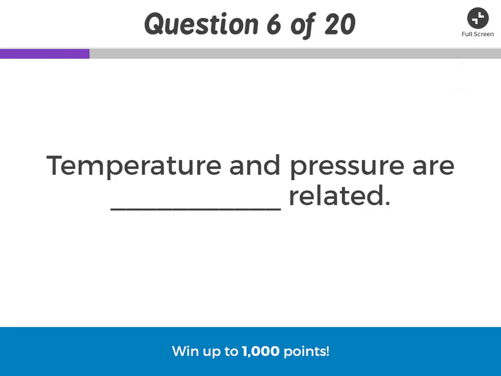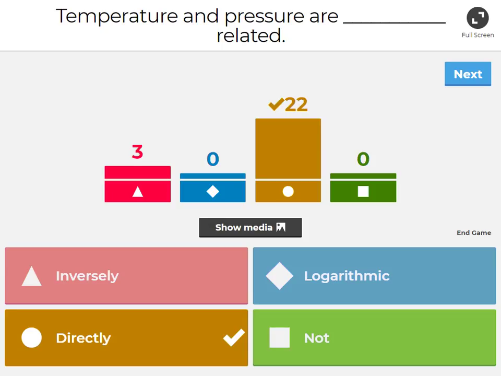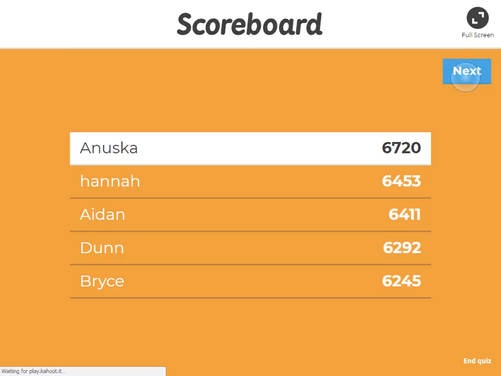Temperature and pressure are blank related. Three, two, one. All right, increasing temperature, like we said, speeds them up. Increased collision, so it should be a direct relationship.